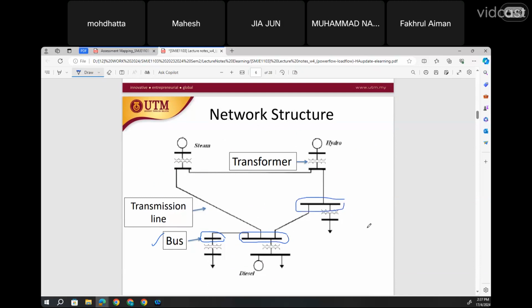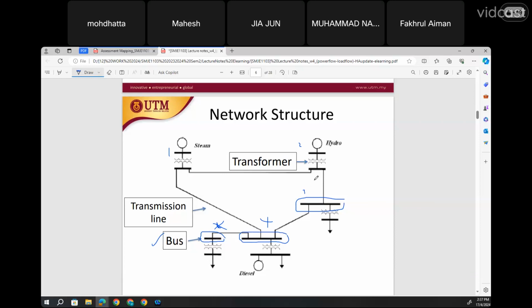For example, here we have, let's say, 1, 2, 3, 4, 5 buses. And maybe this can also be combined together with this. In some cases, maybe it's separated and considered as another bus.